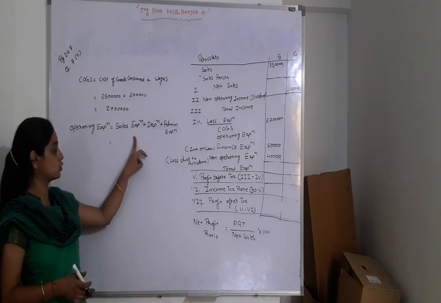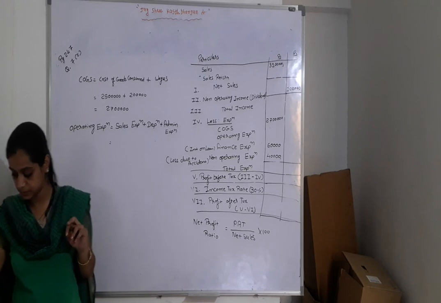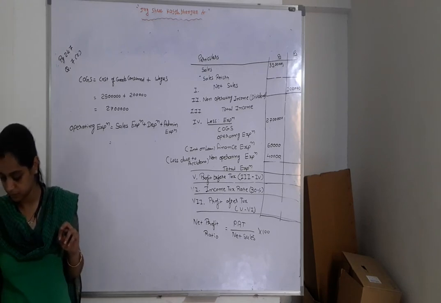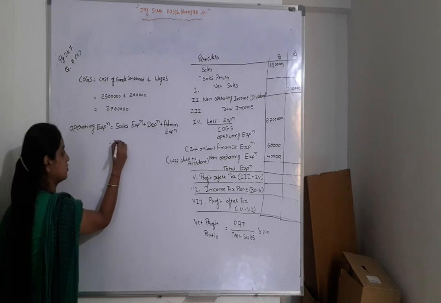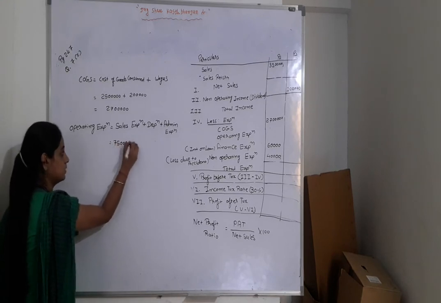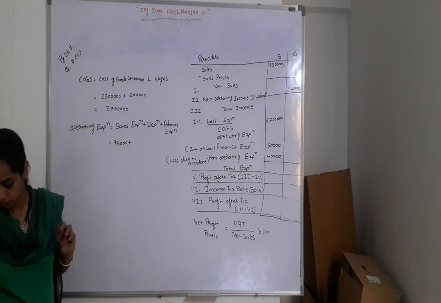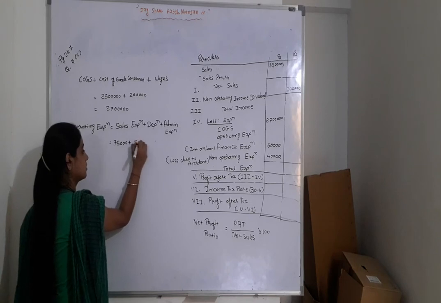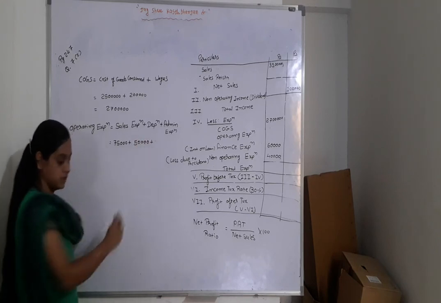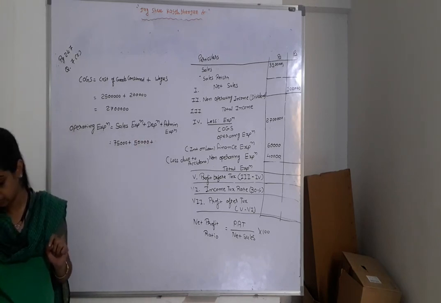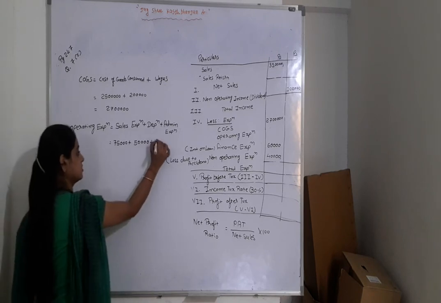So let's do the total of operating expense. Sales expense 75,000 plus 50,000 plus administrative expense 1,75,000.